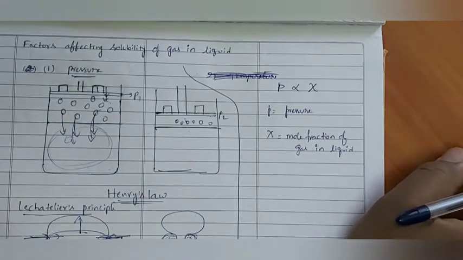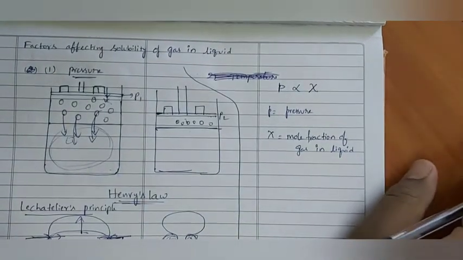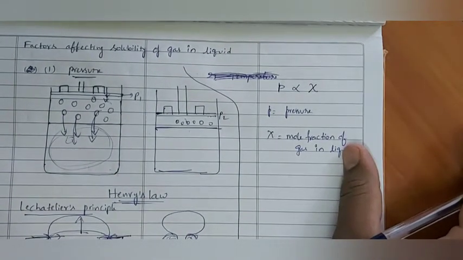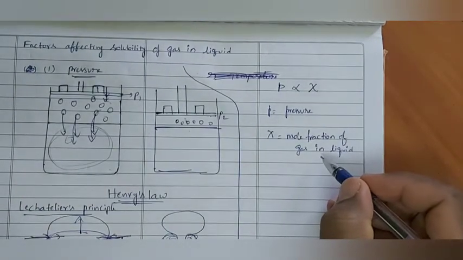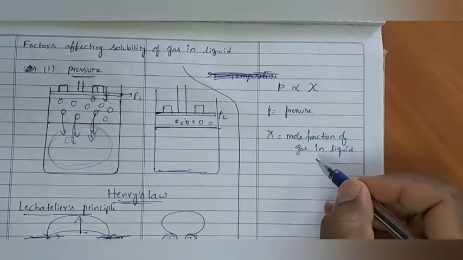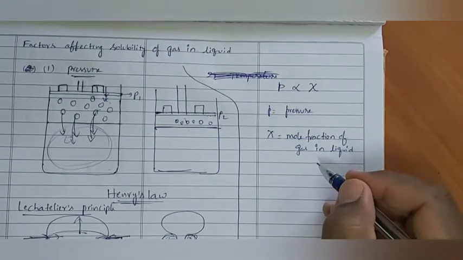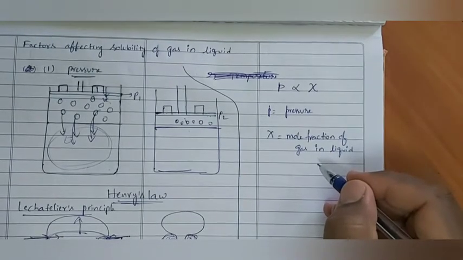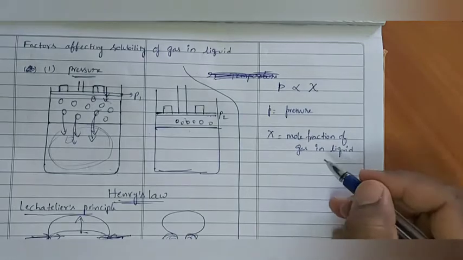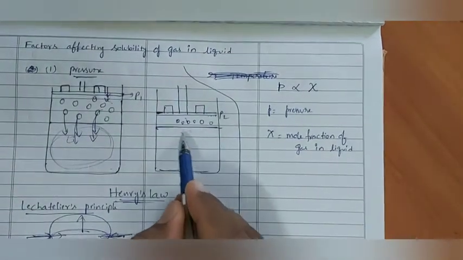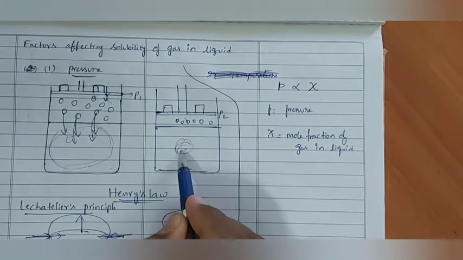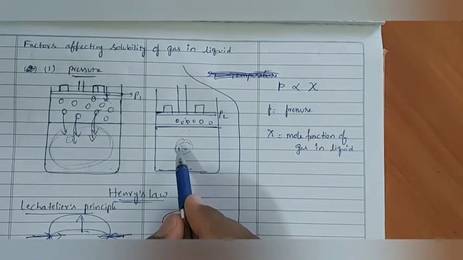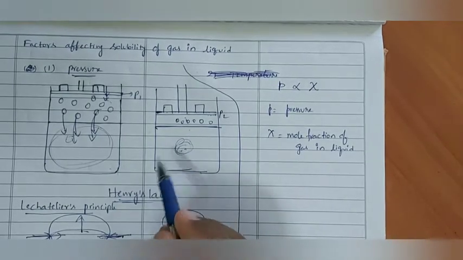Even in the next coming concept also we have that mole fraction definition. Mole fraction of gas in liquid is the number of moles of that gas divided by the total number of moles. When the quantity of gas in the liquid increases, automatically its mole fraction also increases.